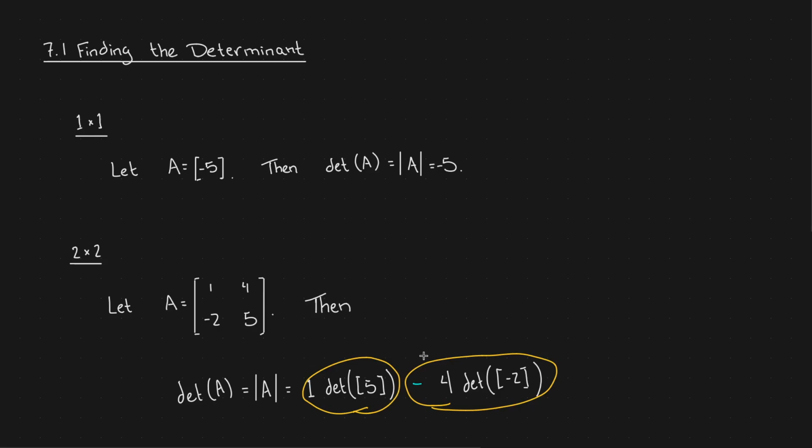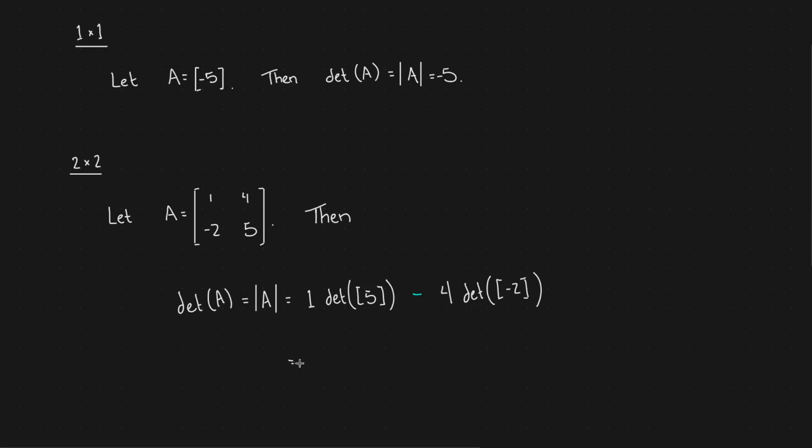That's called a cofactor. Hence why we call this a cofactor expansion, right? So notice, in order to get a 2-by-2 determinant, we need to know how to calculate a 1-by-1 determinant. And so we get 1 times 5 minus 4 times -2. That's going to be 5 plus 8, which is 13.